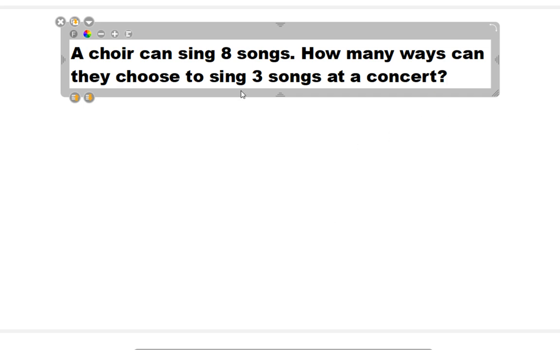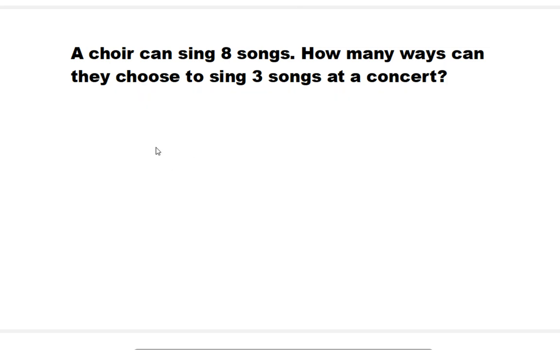So again, I'll do this 2 different ways just to show you what that looks like. I'm going to use this method over here. So we have 3 different locations, 3 different spots to fill. They're allowed to sing. So here's spot number 1, spot number 2, and spot number 3.